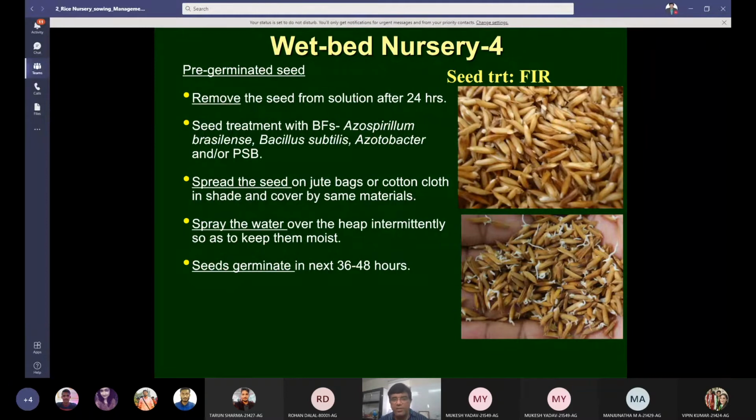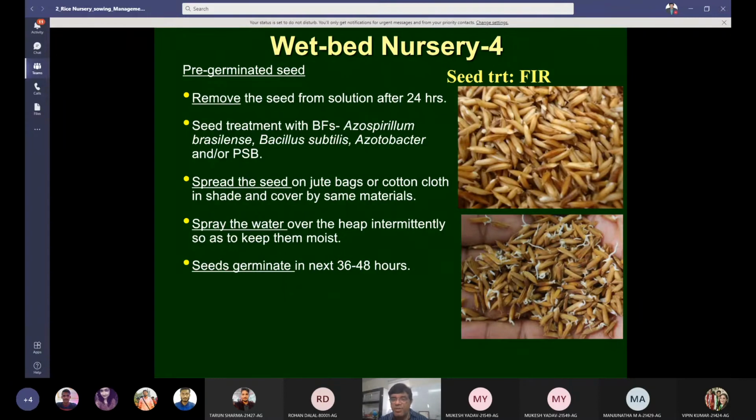Now spread the seed on jute bags or cotton cloth in shade and cover with the same material. You need to remove the seed from the water and put it under the shade, spread on the cloth or jute bag and also covered with jute bag, and then spray water over the heap intermittently so as to keep them moist.